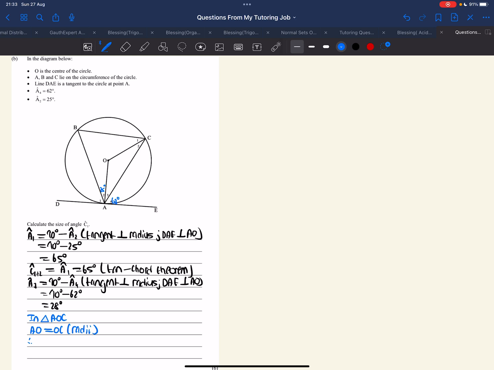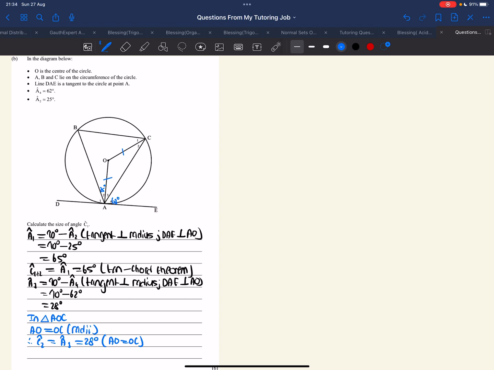Therefore, angle C is equal to angle A3, which is equal to 28 degrees, and the reason for that is AO equals OC. So you can say you've proven that triangle AOC is an isosceles triangle, because that side and that side are equal.